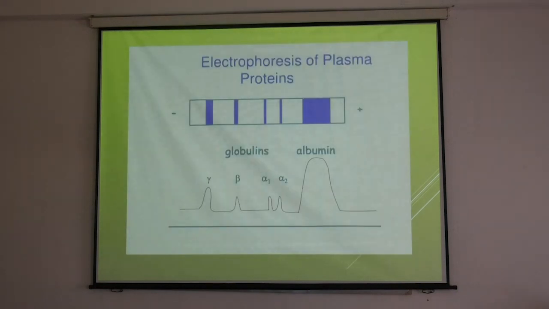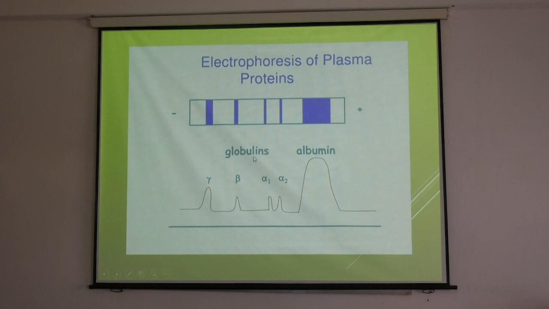If we do electrophoresis, we can separate these proteins. Electrophoresis is a process in which we can separate proteins. Here there is albumin and the other protein is globulin.